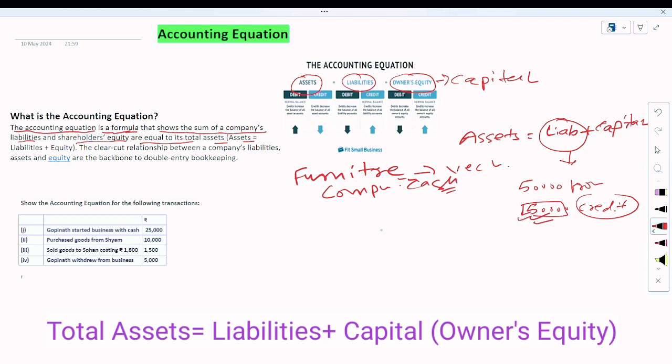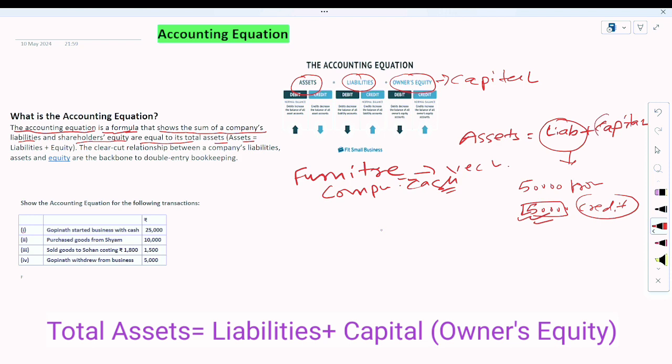This 50,000 amount is a liability for your business. In a simple way, liability is the payable amount of the business. It means you have purchased few things on credit, you have dues of landlord or any other things. Whatever the payable amount of your business is known as liability.